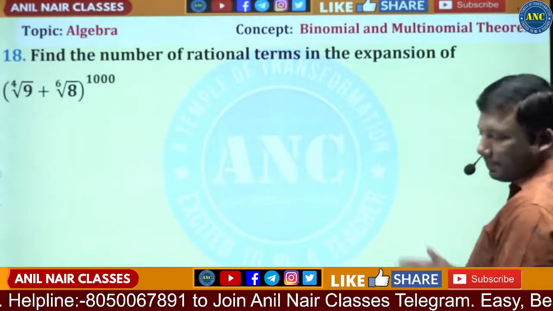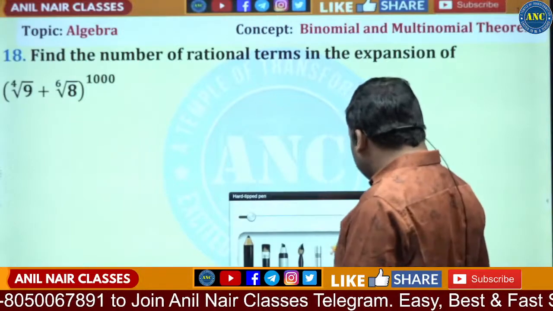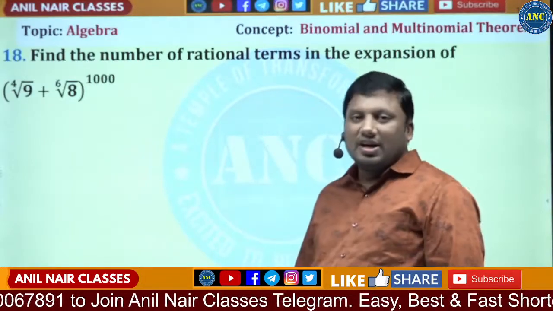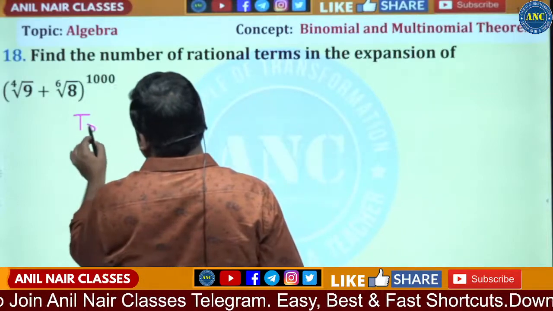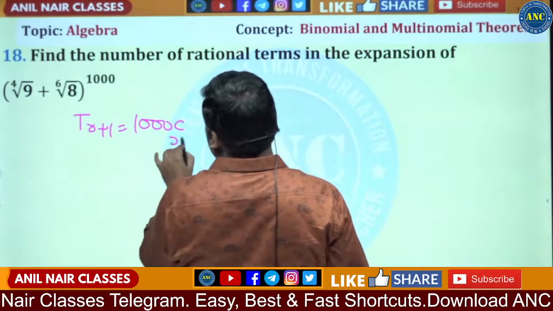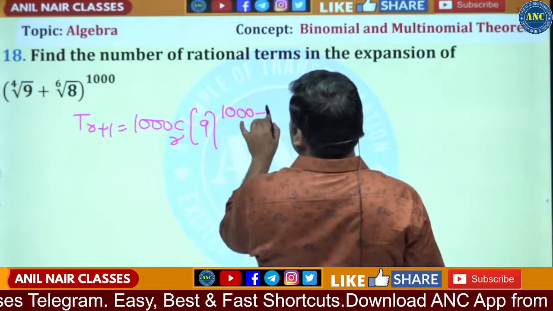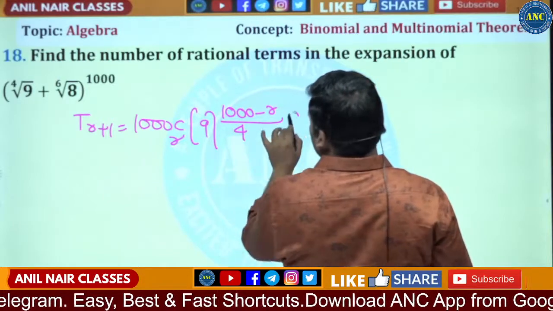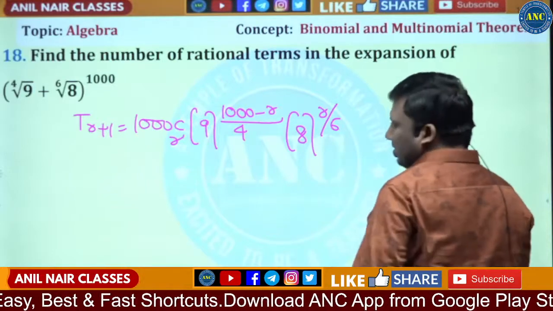Next one. Find the number of rational terms. We did irrational terms: total minus rational is irrational. So directly we will write T(r+1) equals 1000Cr, 9 power (1000 minus r) by 4, 8 power r by 6.